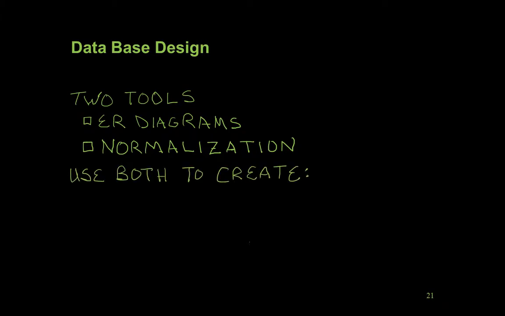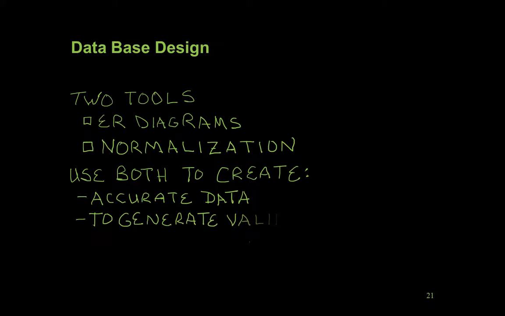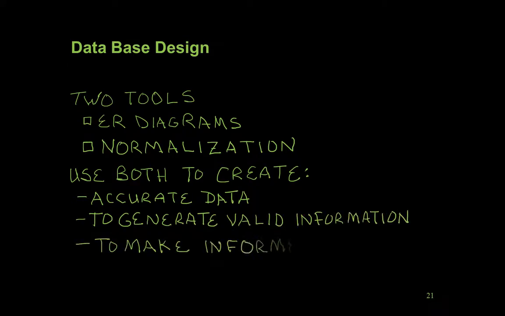You need to be able to use both of those to create accurate data and to generate valid information. And of course, once we have that valid information, then we can make informed and quality-oriented business decisions.